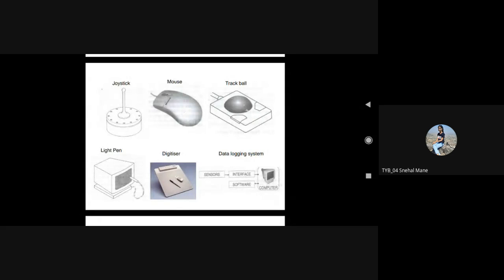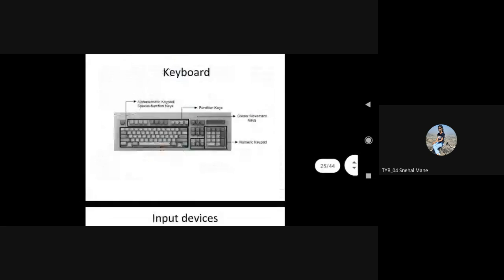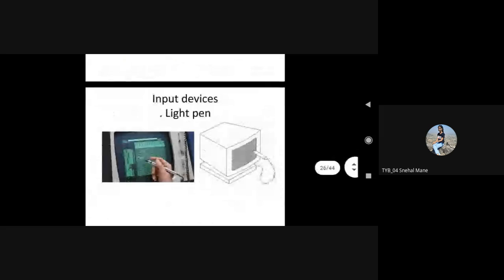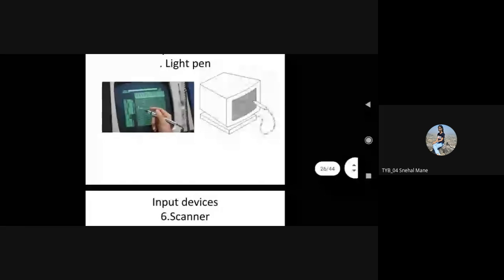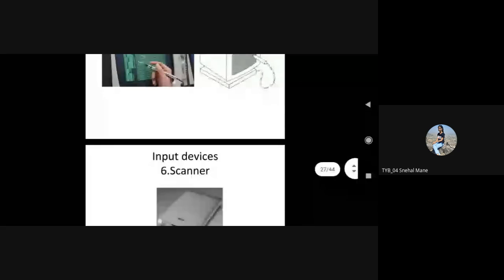Due to online teaching, we studied all these very well. These are the input devices: keyboards, the light pen. Our mobiles are screen-touch mobiles, and our finger acts as the light pen. In a light pen, laser light is used, and with it they can operate the entire structure.